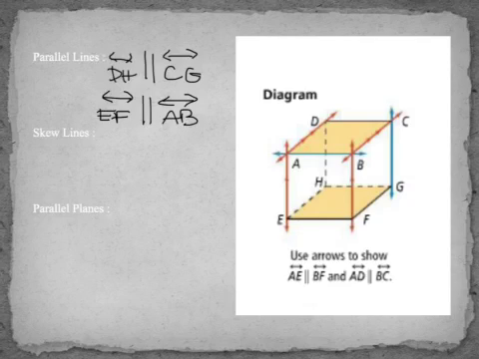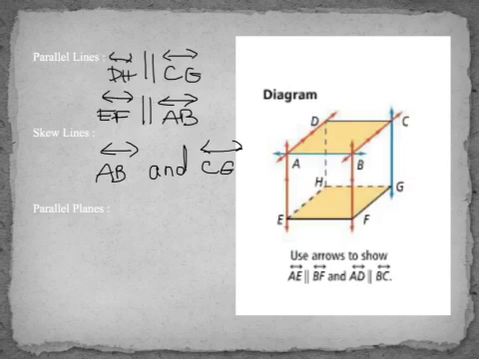Now, skew lines never intersect and they're on different planes. An example of skew lines would be lines AB and CG. Now, by definition, skew lines are non-coplanar and they never intersect, and they're also not parallel.